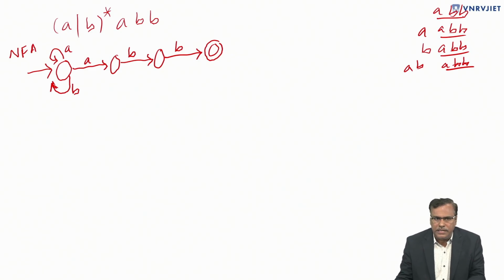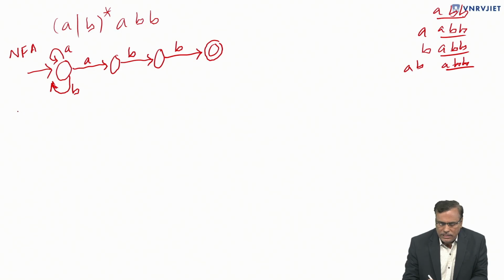But mainly we are interested in minimization of DFA. So first let me take the DFA for the same expression. The DFA for this expression is this. This is a start state. Let me use numbers for denoting the states.